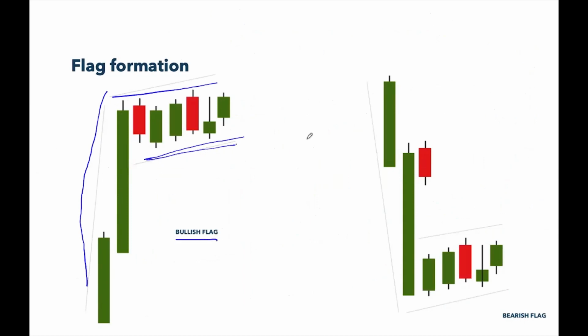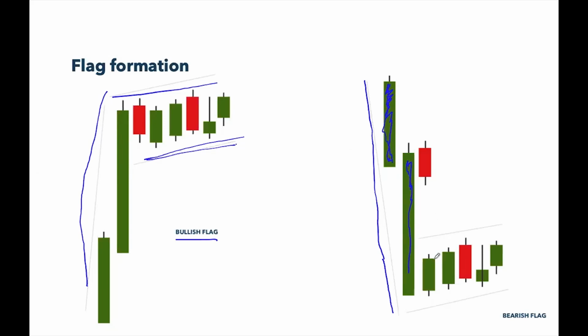In case of a bearish flag, assume this to be a red candle. It has to be a red candle because that is how the correction is going to happen. There is this very strong correction, a very strong fall. Assume these are bearish candles, and this has to be red color.